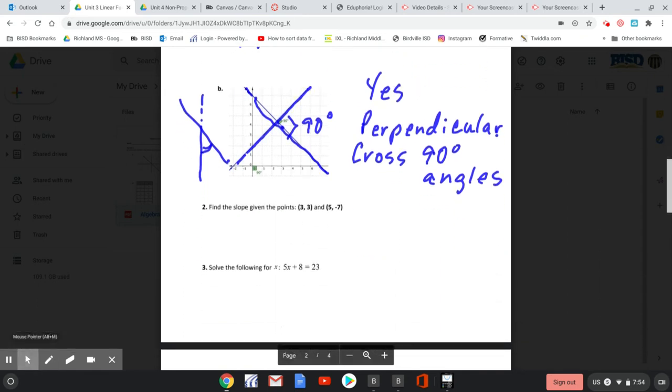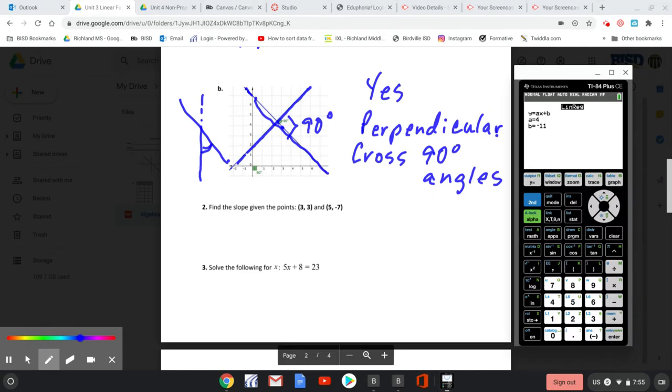Okay, find the slope from the given points. I'm going to use stat edit again. I'm going to have stat, enter. Now I can put in my 2 points, and I have a 3 for x. I have a 5 for x.